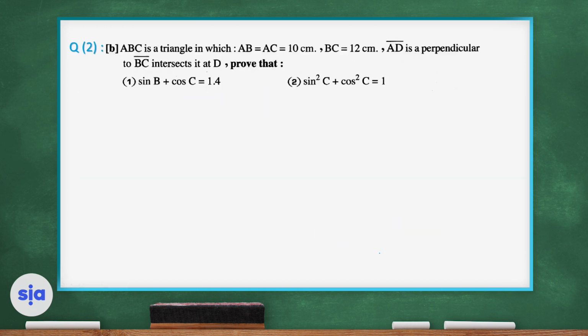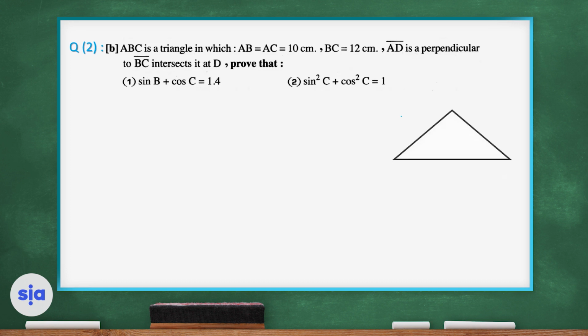Question 2, part B. The question says ABC is a triangle in which AB is equal to AC, and each of them is 10 centimeters long, where BC equals 12 centimeters long. And AD is perpendicular to BC and intersects it at point D. So let's draw the triangle first.